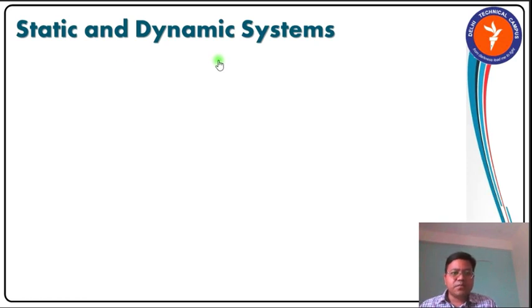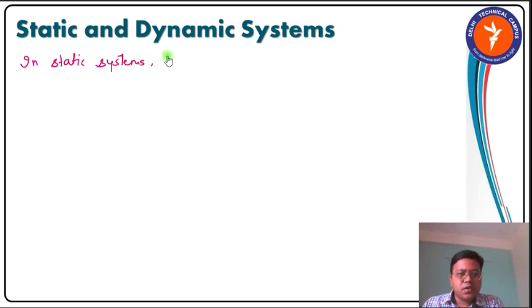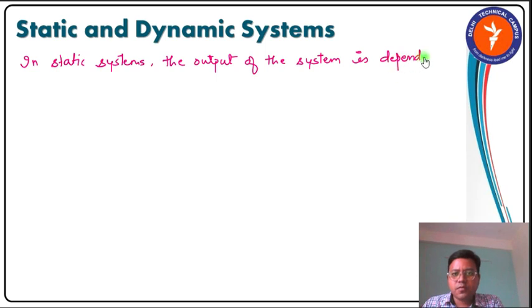Static and dynamic system. In static systems, the output of the system is dependent on present input only.